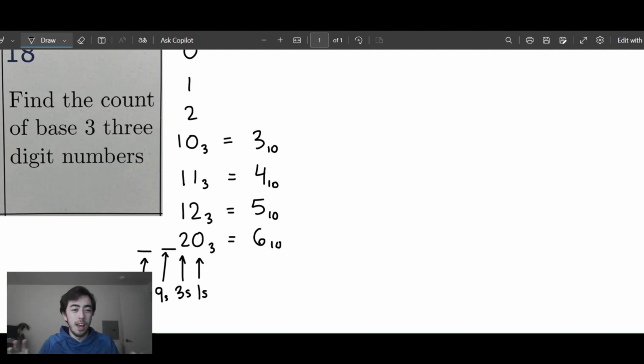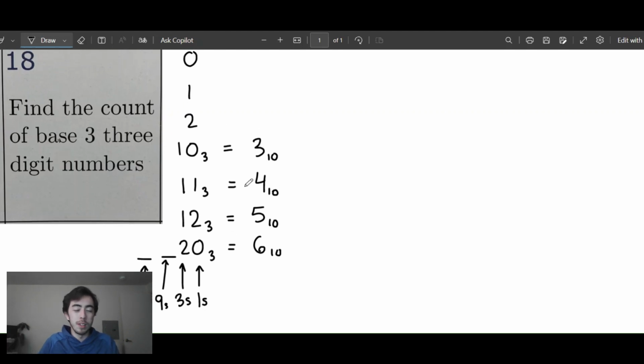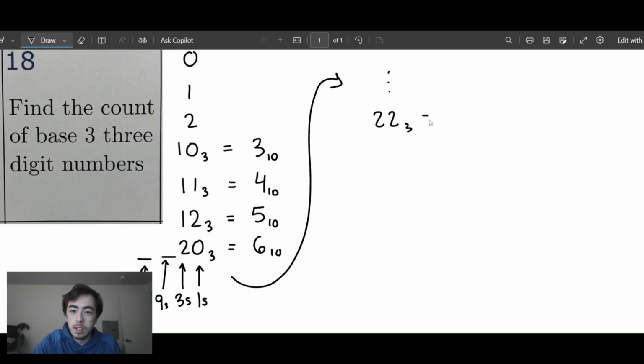So how do we count how many 3-digit numbers we have? Let's think about it. The first one is going to be 100, because previously, let's start counting up here, we're going to have 2, 2, so what looks like 22. But again, this says we have 2 3s and 2 1s. So that's the same thing as the number 8 that you and I know.